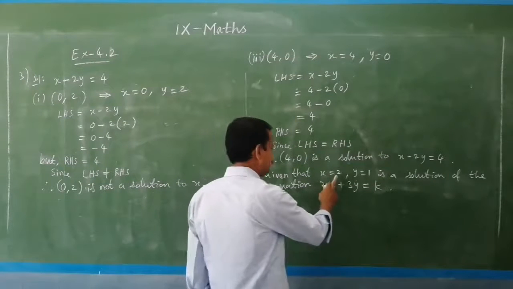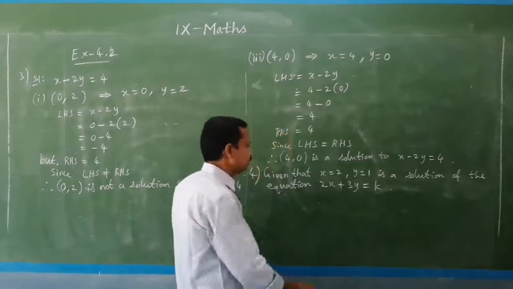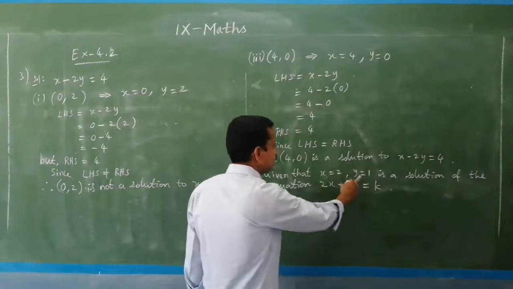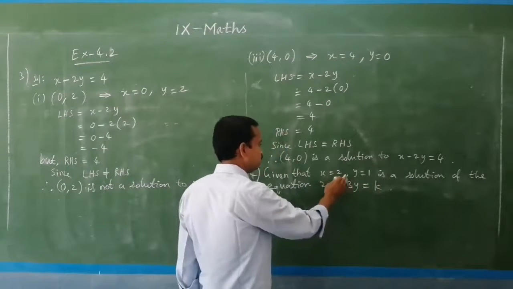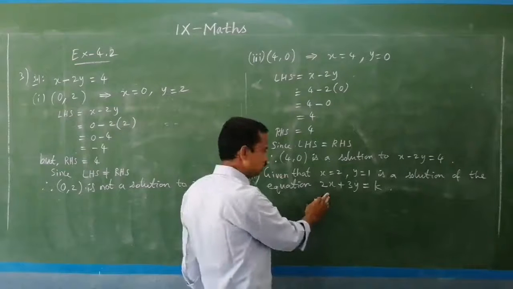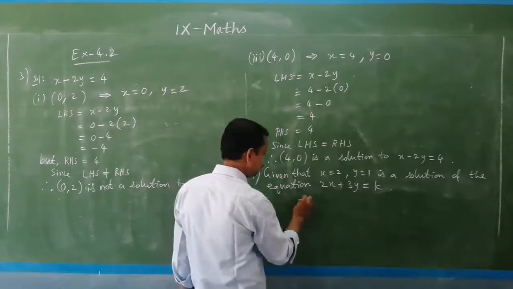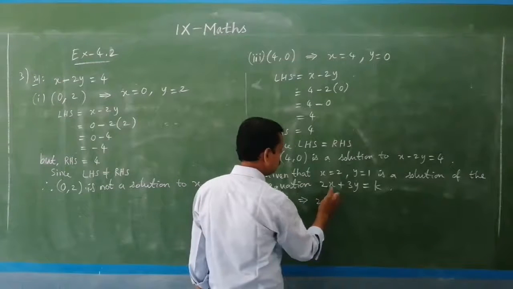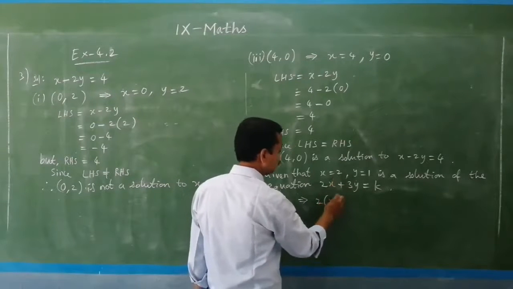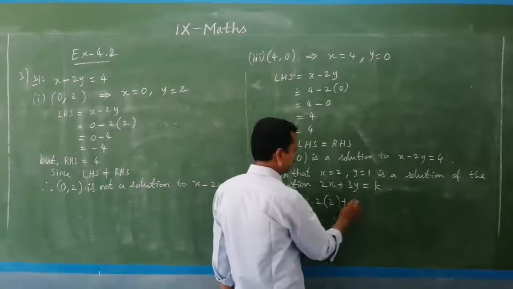That means the point is 2 comma 1. So, they have given x equal to 2, y equal to 1, and you have to substitute the value of x and y in this equation, then you can easily find k. So, this implies 2 into 2, which is x, and 1, which is y.